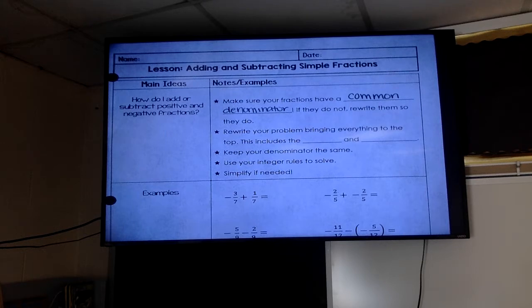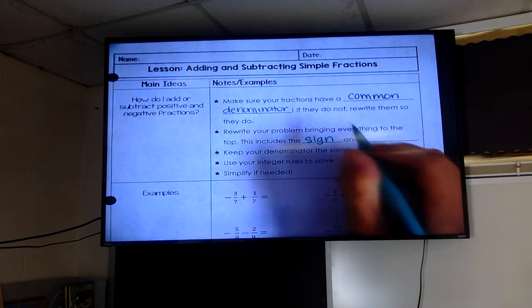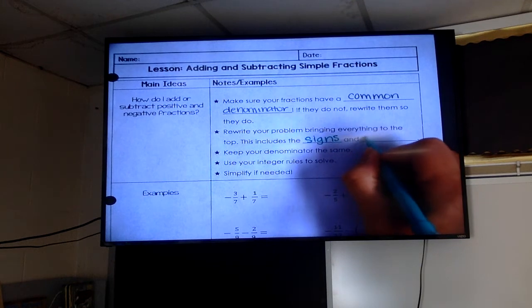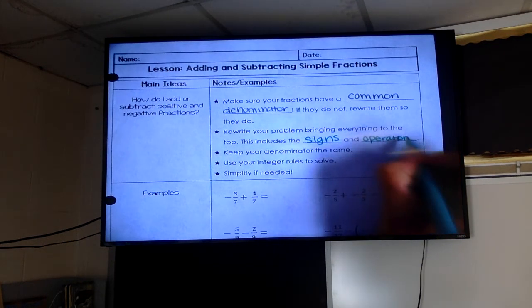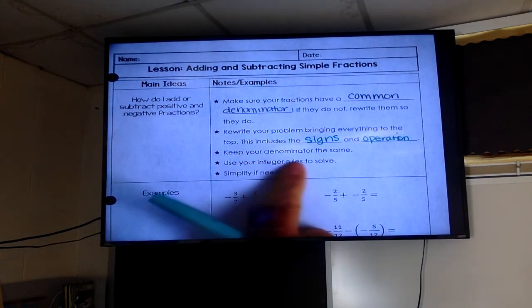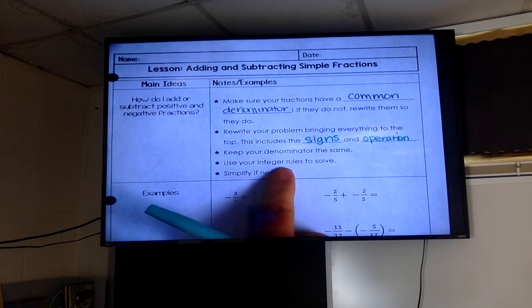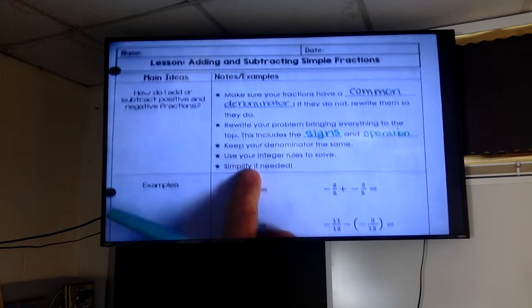Then we're going to rewrite your problem, bringing everything to the top. This includes the signs, meaning the positive or negative signs, and the operational signs, so add or subtract. Remember, we're going to keep our denominator the same, use your integer rules to solve the top, and then we're going to simplify if needed.